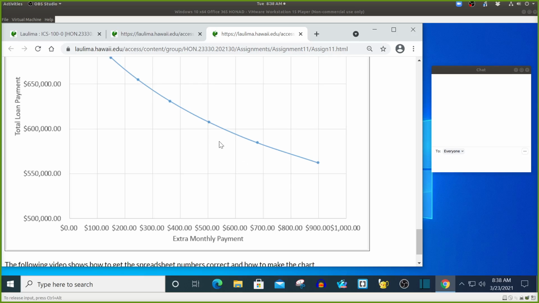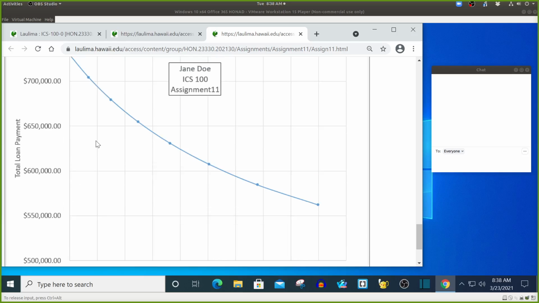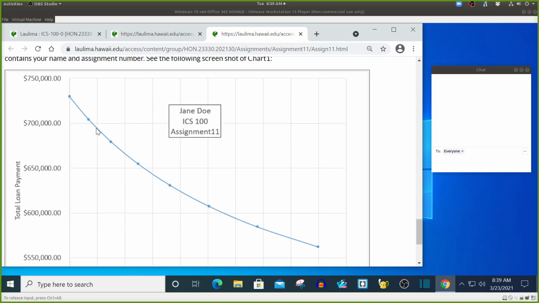Here, if I spent, say, $100 extra a month, okay, then I get some savings over the base loan. But if I spend $200 extra a month, the amount of savings I get is not quite twice as much as this.